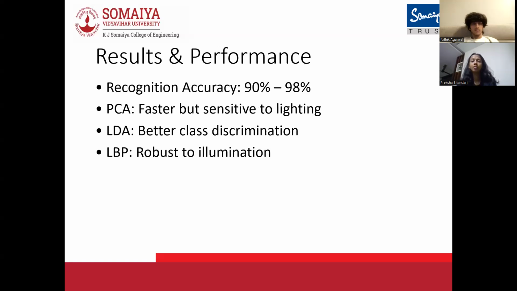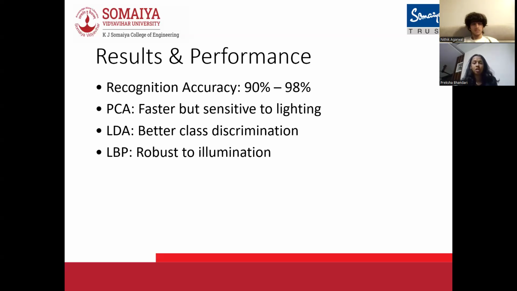The system achieved an accuracy between 90 to 98% depending on the method used. PCA is fast but sensitive to lighting. LDA improves discrimination and accuracy. LBP is robust and suitable for real-time applications.